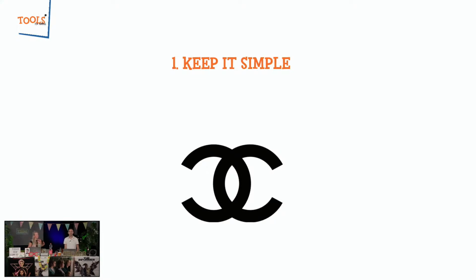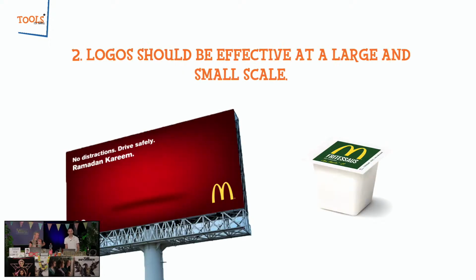It's a very difficult logo to have. Besides, it takes a lot of time to draw something like that. It cannot be used at a large or a small scale, because it's very difficult to make out what it is if you resize it back to something small like this sauce container.